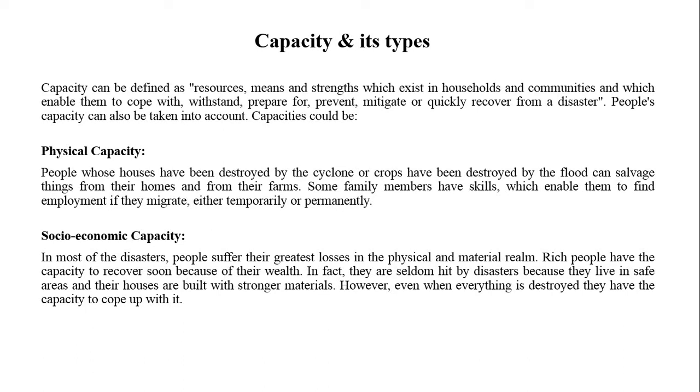Okay. There are four basic components of capacity development: training, education, research, and awareness. Training is a learning process. It involves knowledge, skills, change in attitude, and change in behavior.